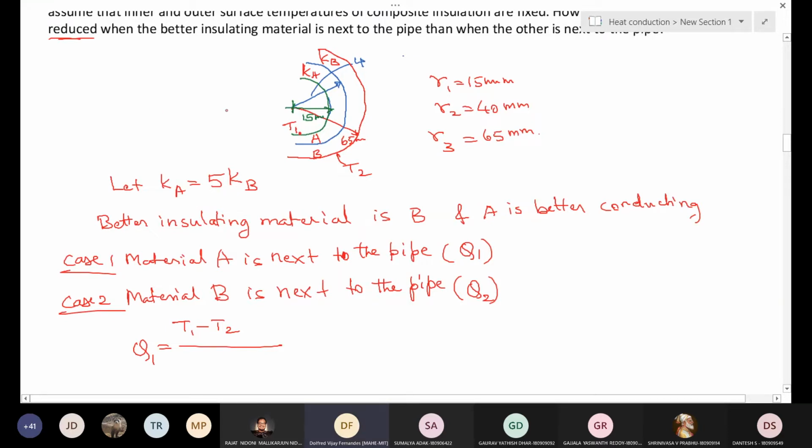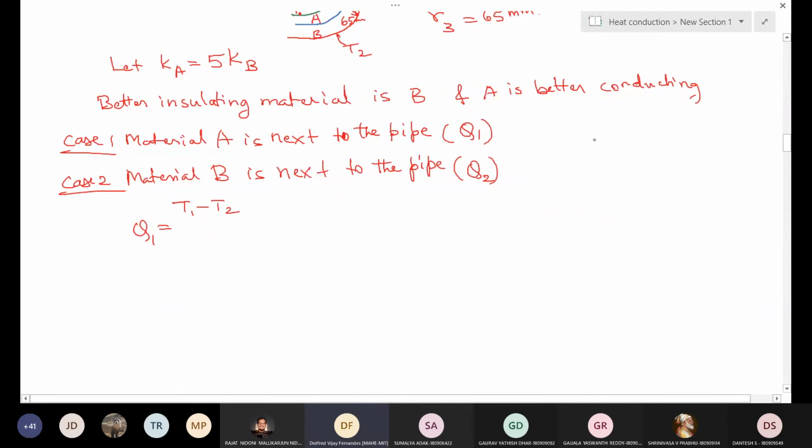There will be two resistances, and depending on the case, this would be RKA, RKB for the first case. This will become RKB, and this will become RKA for the second case. Here only I will do that. So first case, we have RKA, then RKB, between T1 and T2. Second case, the better insulating material is inside, B is inside.